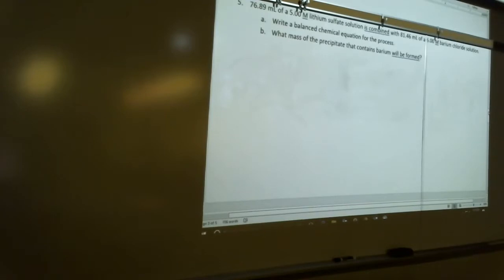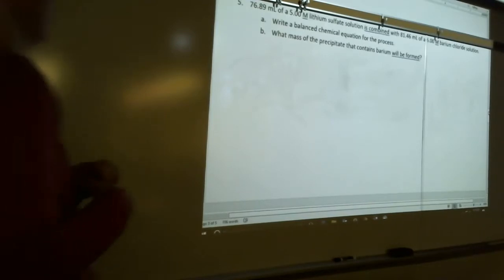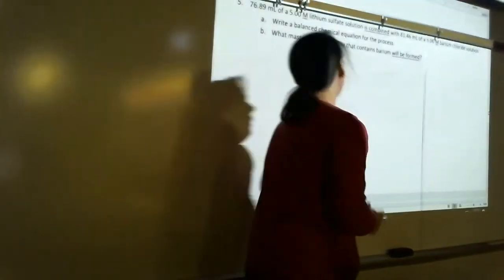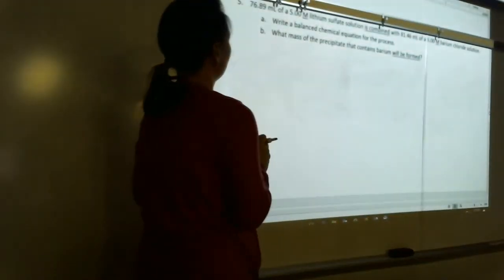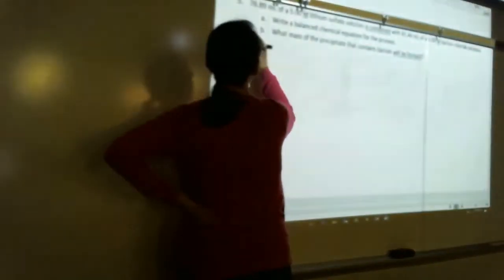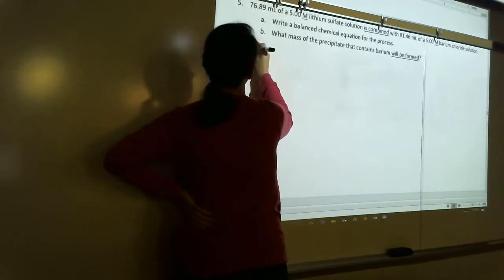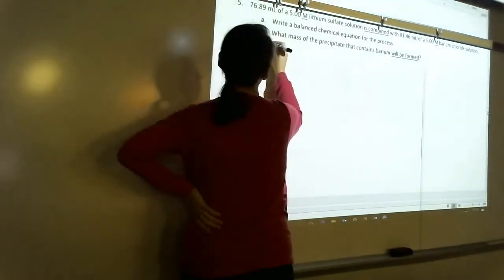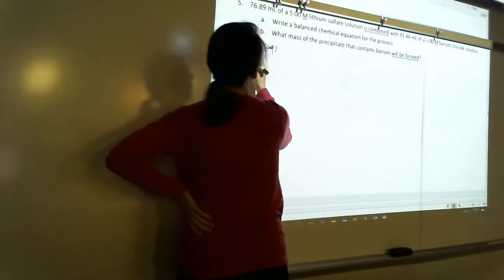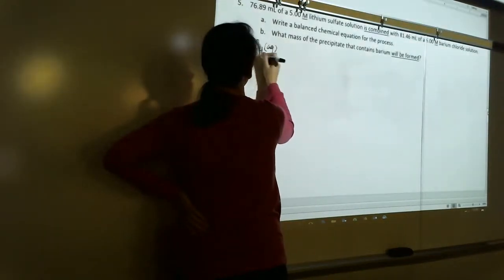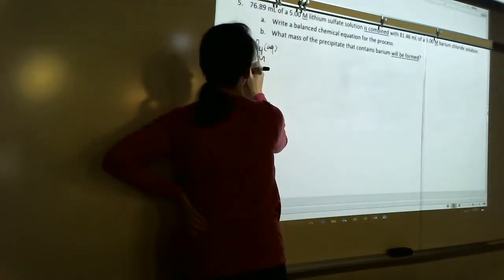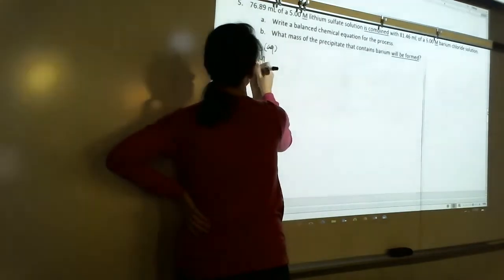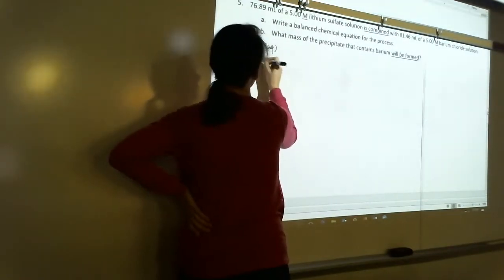Oh, look, it's another solution stoichiometry problem. All right, let's do this one. Lithium sulfate has what formula? Li2SO4, and it's aqueous. I told you it's a solution with a molarity of 5 molar and 0.07689 liters.